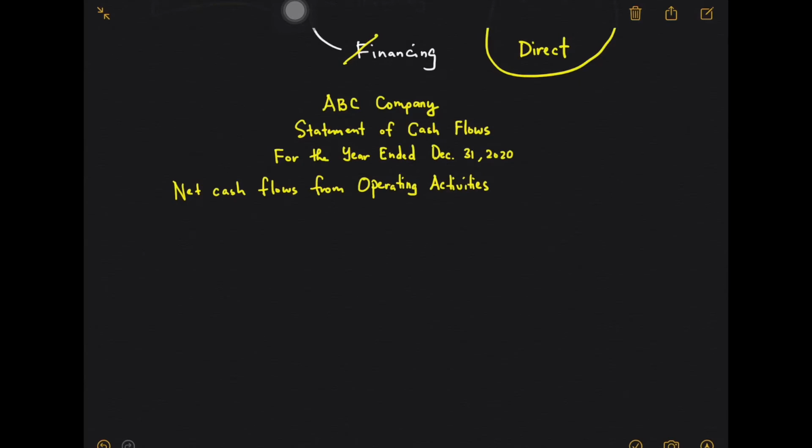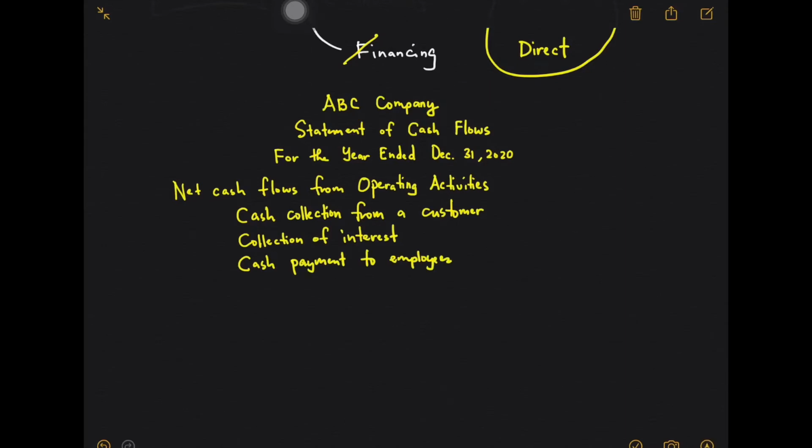Let's say we have another one, let's say you have a collection of interest, so that's operating. So these two are our receipts. Now let's have our payments. For example, another is, now how do you write the amount for these collections and these payments?